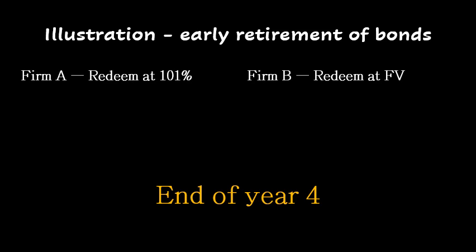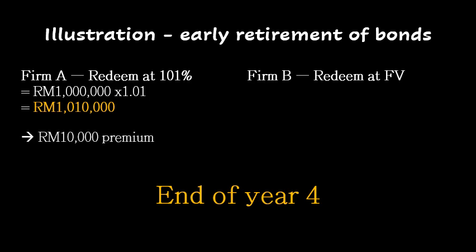So for Firm A, it redeems its bond at 101%, thus giving us the value of redemptions of 1,010,000 ringgit. This is the amount that Firm A needs to pay to its bondholders, which is 10,000 higher than the nominal value.